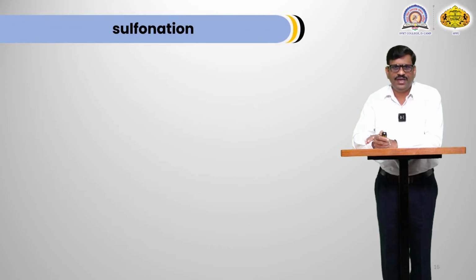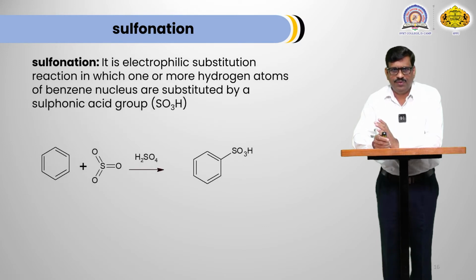This is the mechanism of nitration reaction. I repeat once again, in nitration, the first step is generation of nitronium ion, which is generated from the reaction between nitric acid and sulfuric acid. Second step is formation of arenium ion, and third step is formation of aromatic compound.